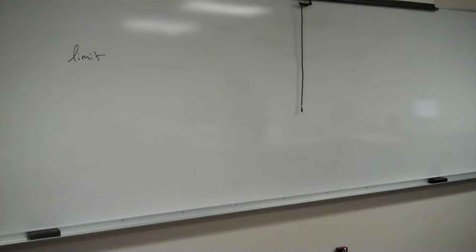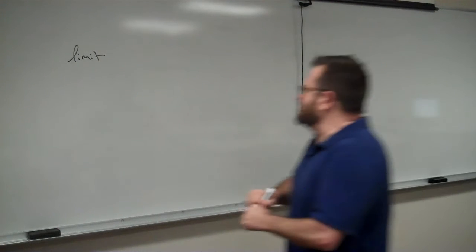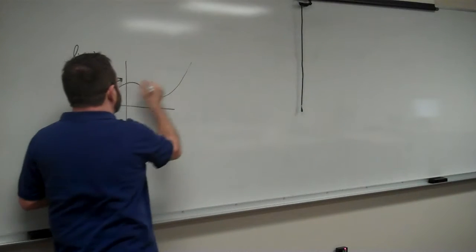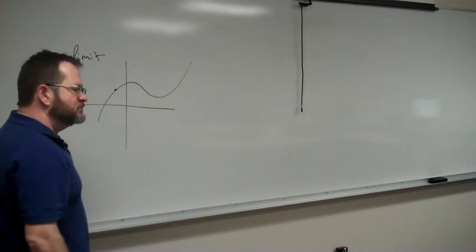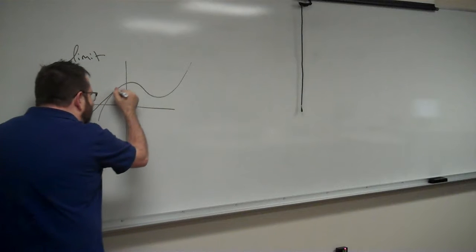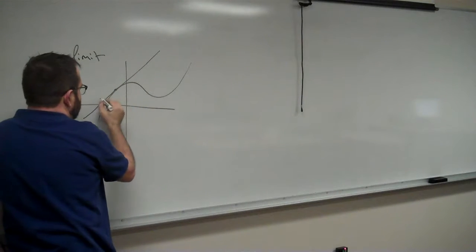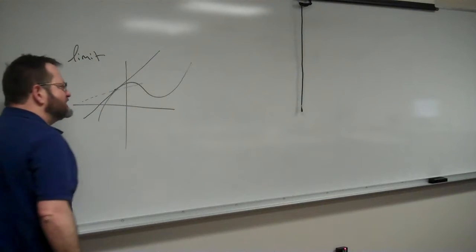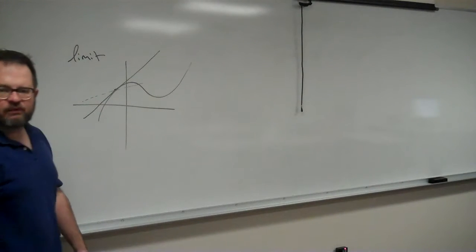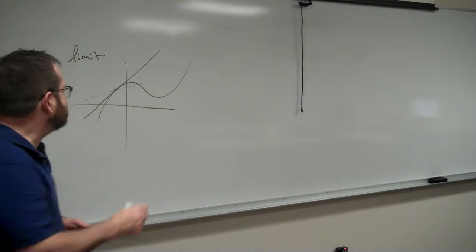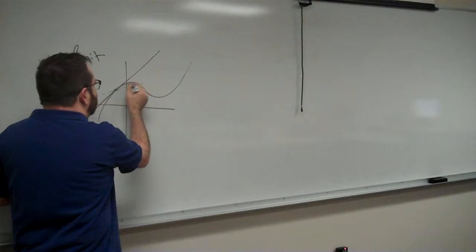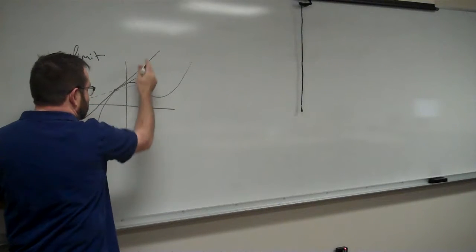We talked about limit the other day when, for example, we were trying to explain what we meant by the slope of some curve at some point. We wanted to know the slope of this tangent line right here, but we couldn't really figure out how to do that, but we could figure out these secant lines really easily. We could find the slope of that secant line really easily, and if instead of being this far apart, we chose this far apart, it was a better approximation to the real tangent line.